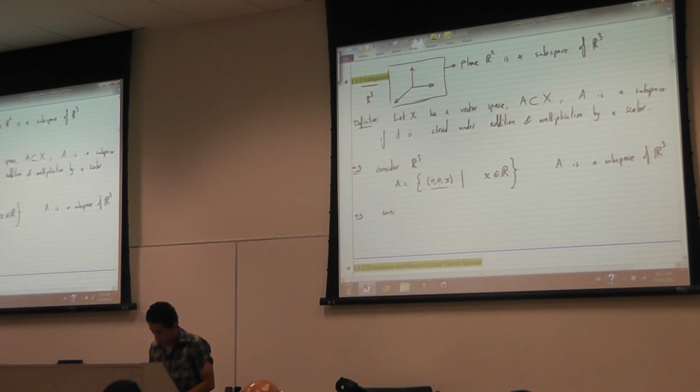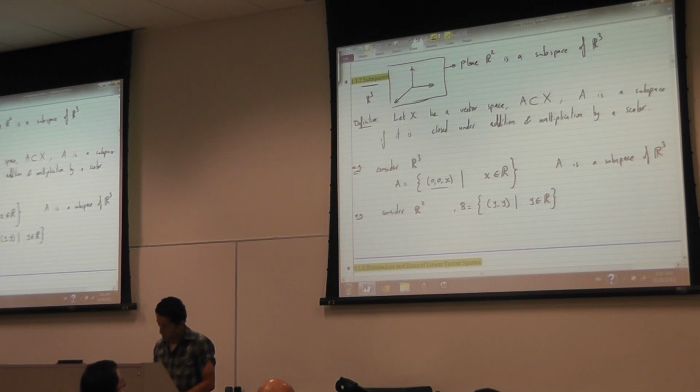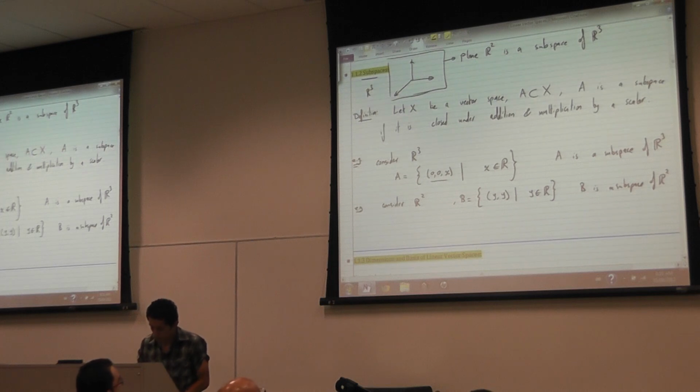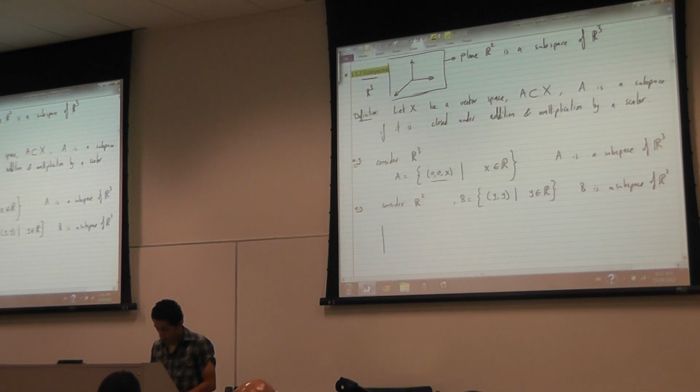Consider R2. Again, B is a subspace of R2. What is B? Let's graphically look at it.